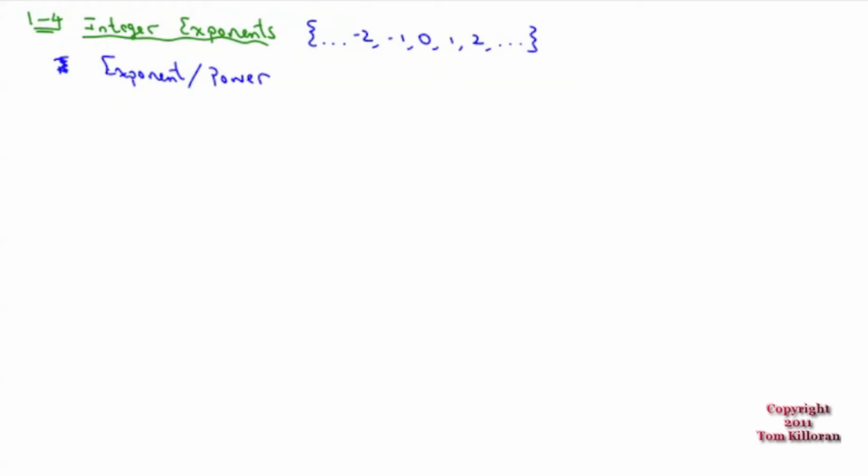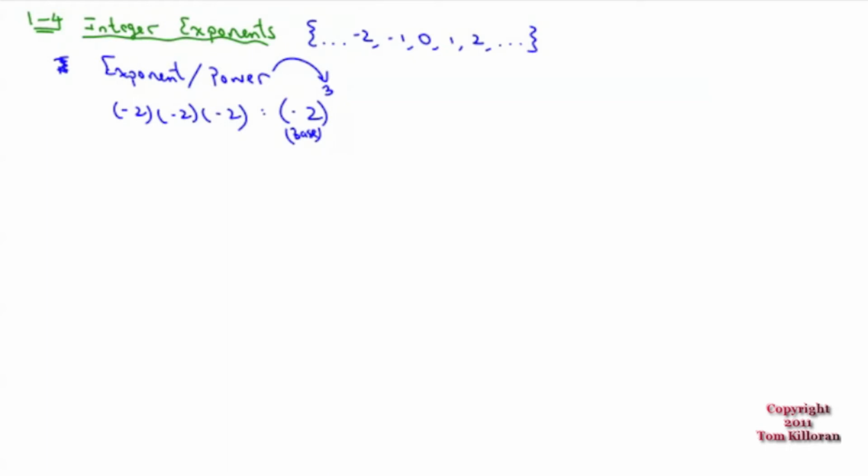This was also one of the little questions on the lab yesterday. What does it mean to be negative 2 times negative 2 times negative 2? Well, it's 3 factors of negative 2. And mathematically, you would write it as negative 2, which is called the base, raised to an exponent or power, which we would consider 3.